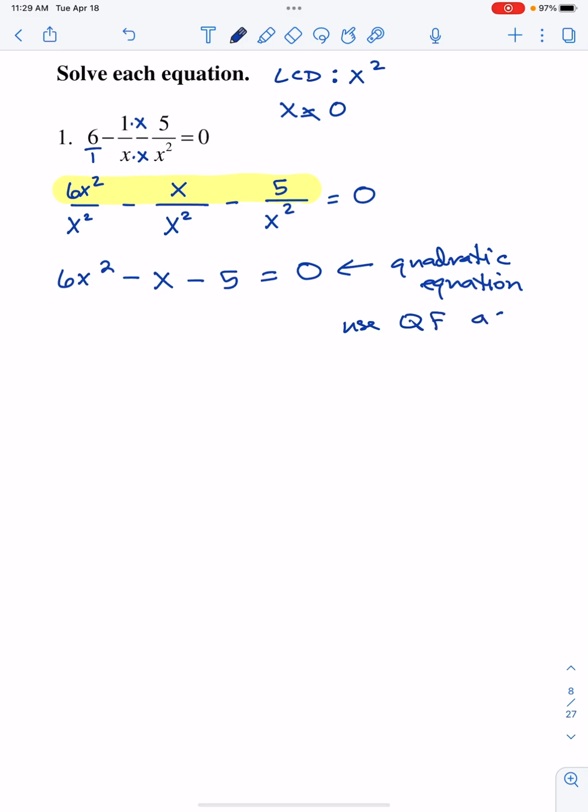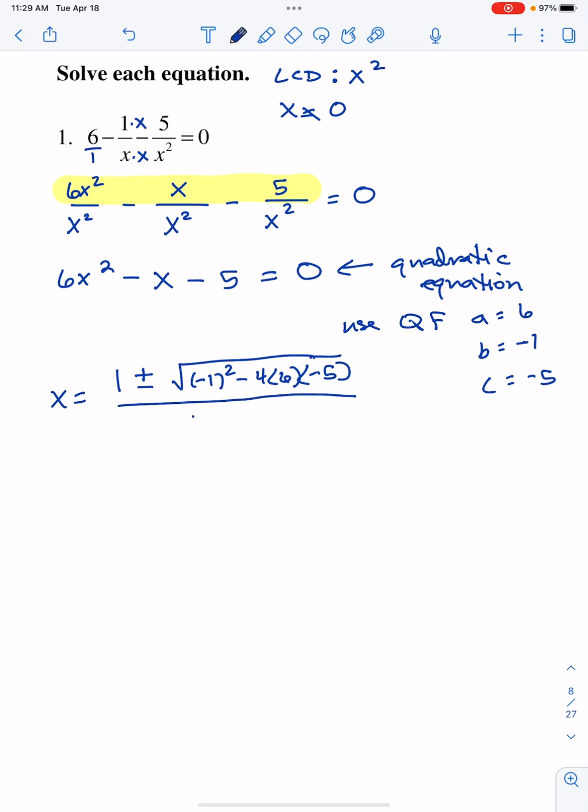That means find A, find B, and find C. A is 6, B is negative 1, C is negative 5. So to find x, we say that negative b, so if b is negative, a negative negative is a positive, so 1 plus or minus the square root of negative 1 squared, b squared minus 4 times a times c, all over 2 times a.